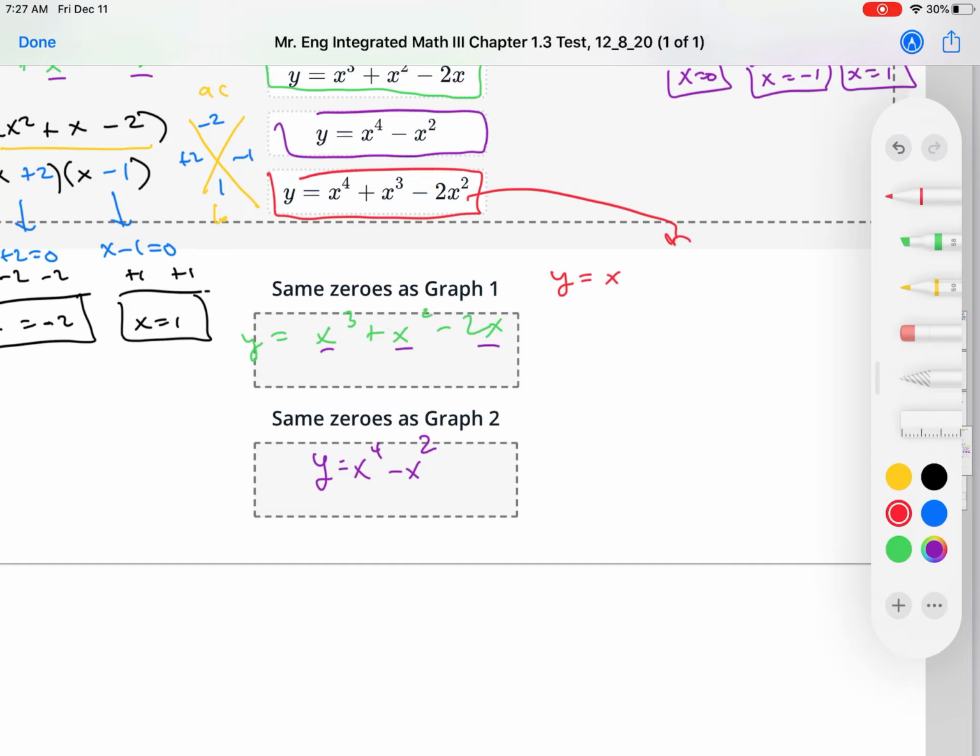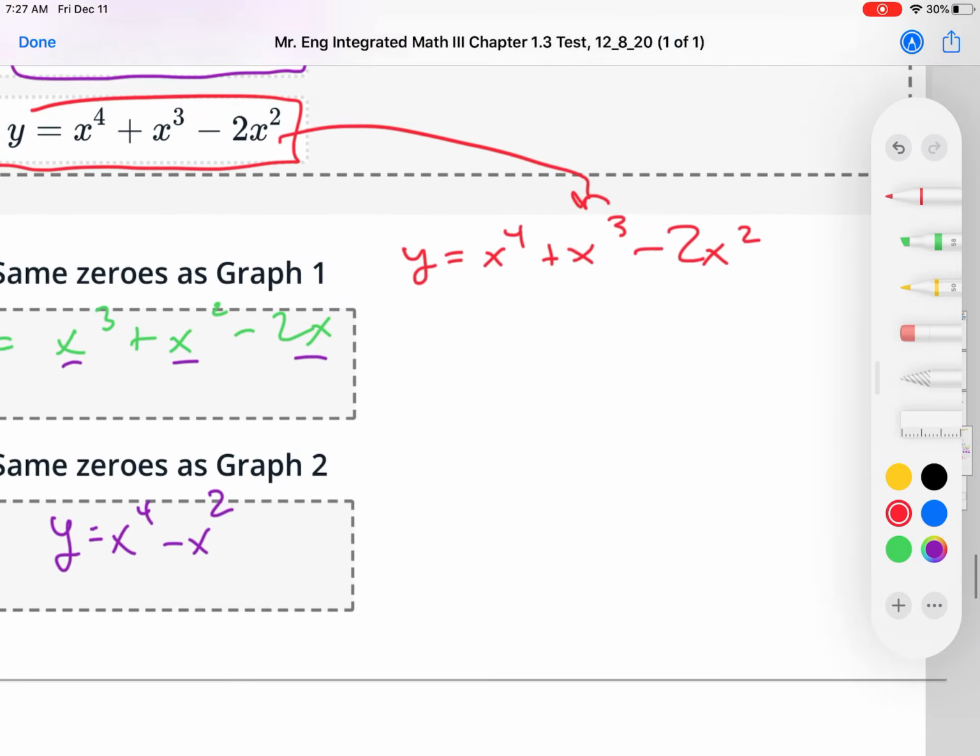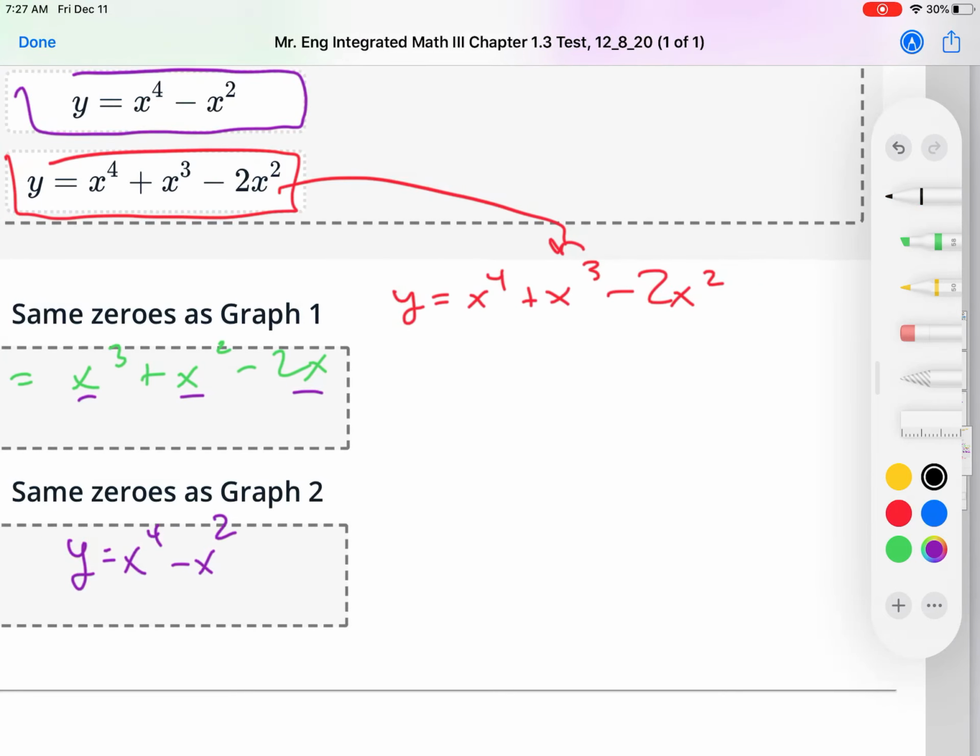Y equals x to the 4th plus x to the 3rd minus 2x squared. All right, I'm going to do the same thing. I'm going to factor out an x squared. So x squared plus x minus 2. And then we're going to factor here.